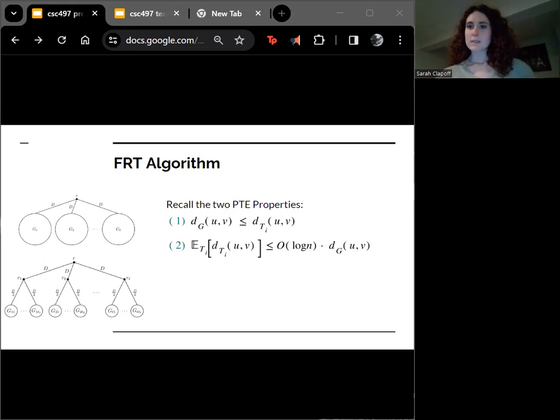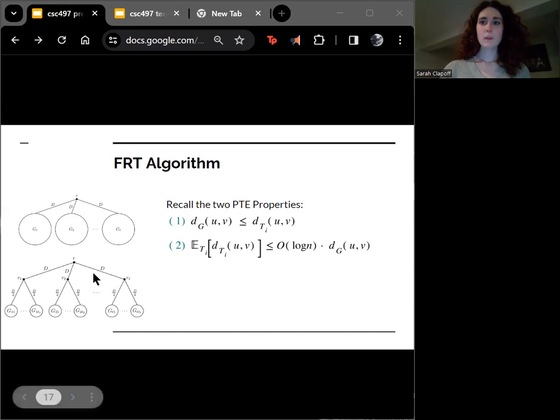The proof idea is that any two nodes, U and V, share a common ancestor on some level I. What that means is that on this level I, they belong to the same partition, we'll call it G of I, and that partition has some diameter, we'll call it delta. So the distance on G between U and V is at most the diameter of GI, which is delta. On T, the edges connecting the subgroups containing U and containing V have weights corresponding to the diameter of GI, which is delta.